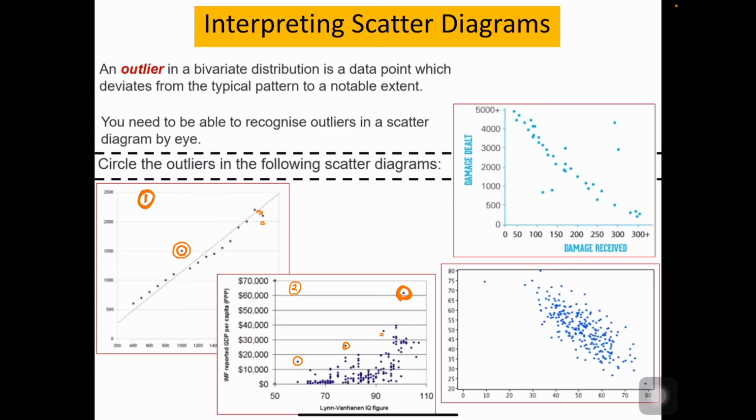I was going to say this one, but no, because there are a lot of points nearby. But I'd say these three for me are outliers.